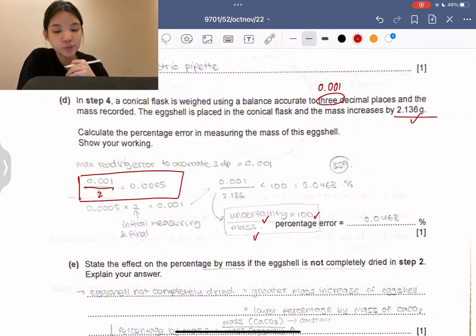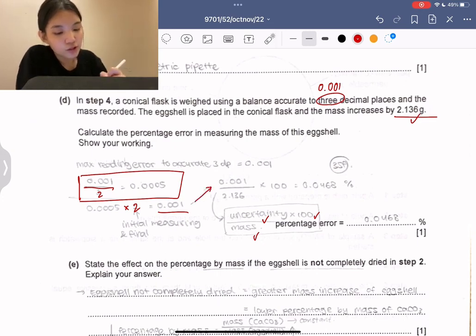So for every measurement, it's 0.001 divided by 2, which is 0.0005. And because you're measuring twice, one with the conical flask and another with the conical flask plus eggshell, you multiply 0.0005 times 2, to get 0.001 again.